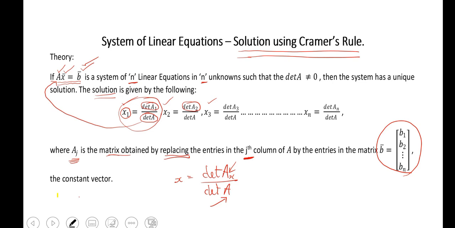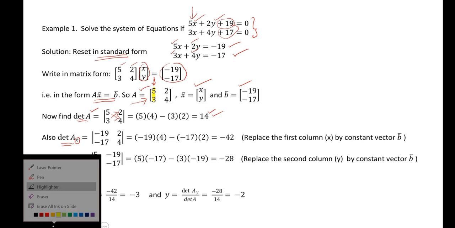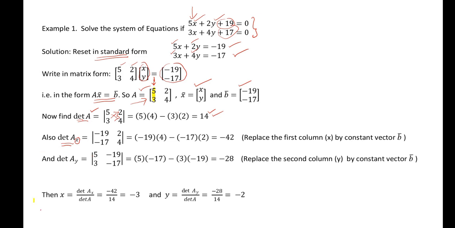Let me just go back to the page. 5, 3, there you go. Take that away and take the constant vector and put it in its place. So taking the constant vector and putting it in the place of 5, 3, I get minus 19, minus 17, and the 2 and 4 stay right there.